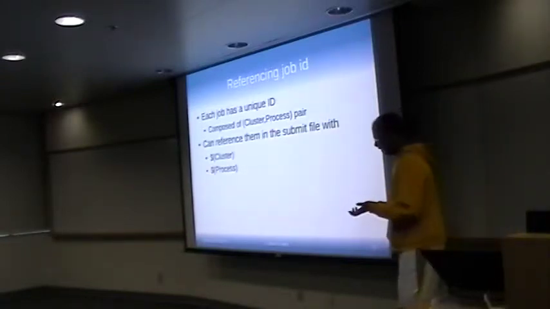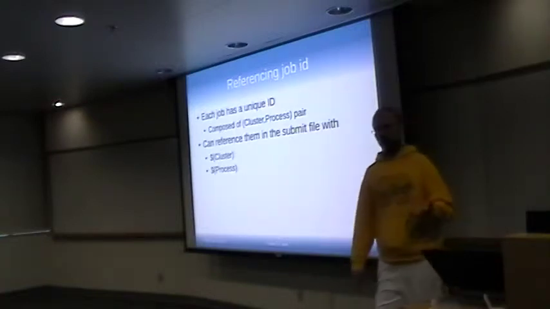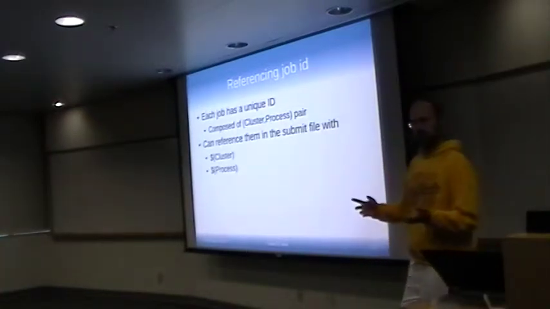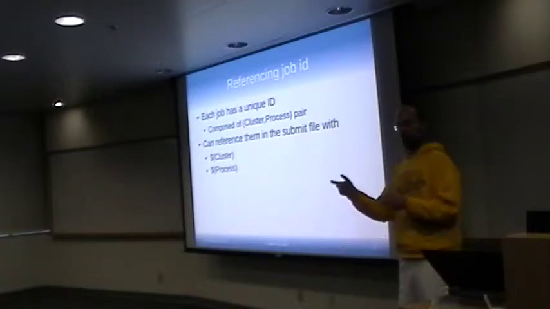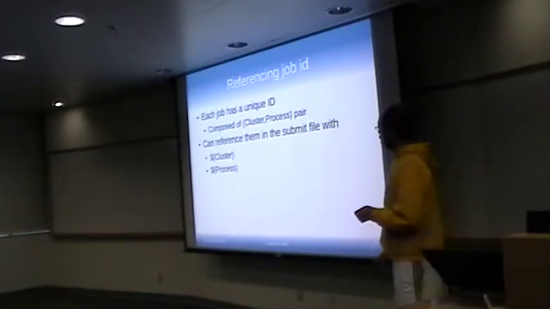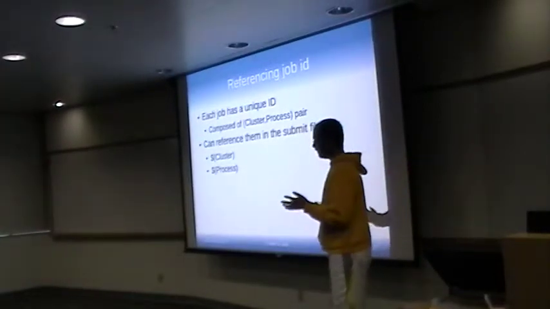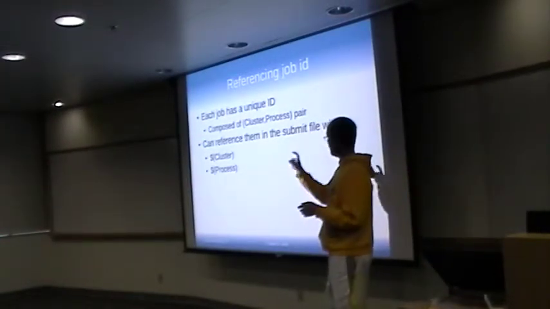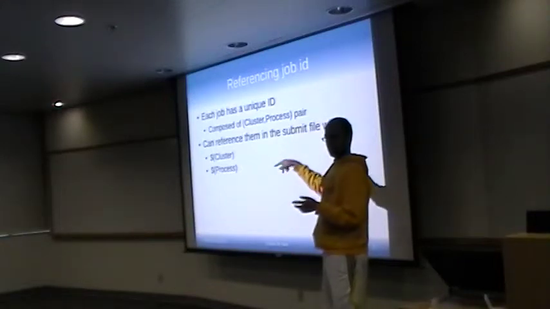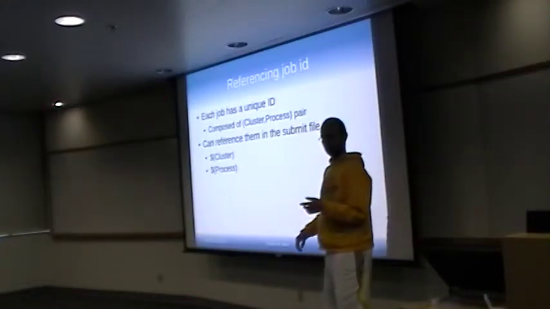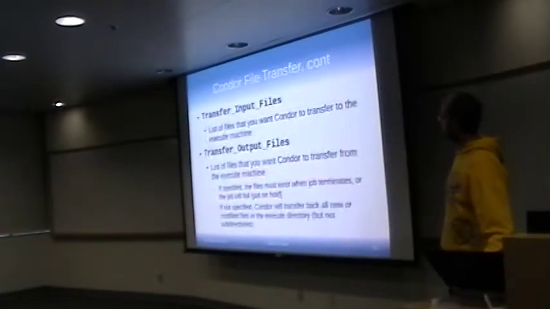Now, sometimes you want to parameterize your job. You want to know what job ID it is, so that if I submit 10,000 jobs with the same executable, I have a way to distinguish between them. When you submit to Condor, you get a cluster ID and a process ID. If you submit a single job, you get a cluster ID of something and a process ID equals 0, as you see in the example.